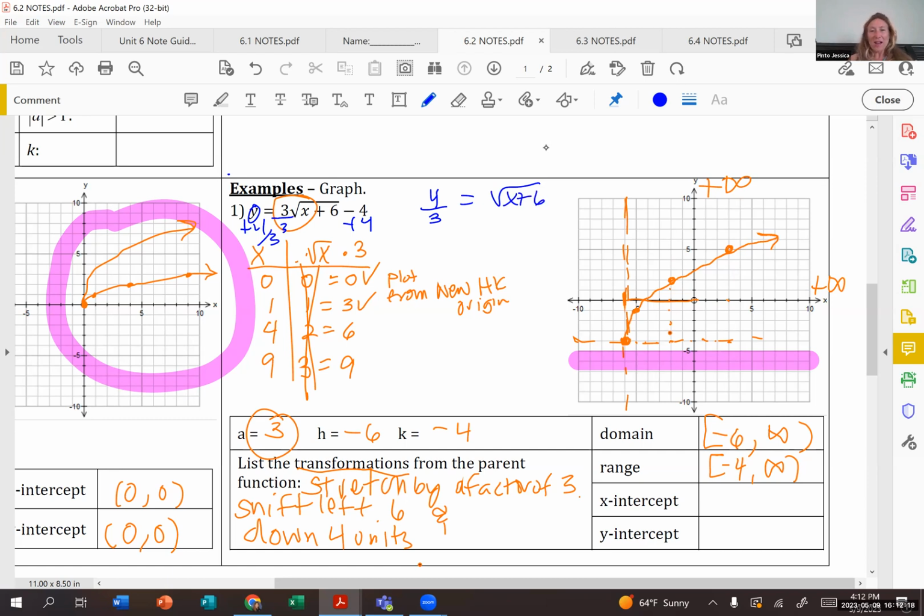So hopefully you see that I isolated that square root. Then I'm going to square both sides. Squaring both the 4 and the 3 gives me 16 over 9 is equal to x plus 6. And then I subtract 6. So that's a little bit messy. I am going to use a common denominator.